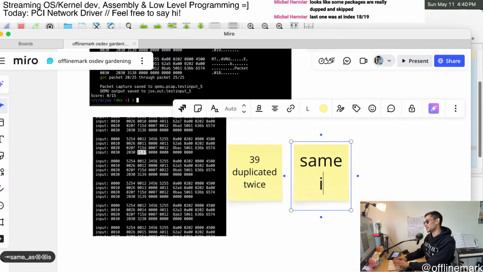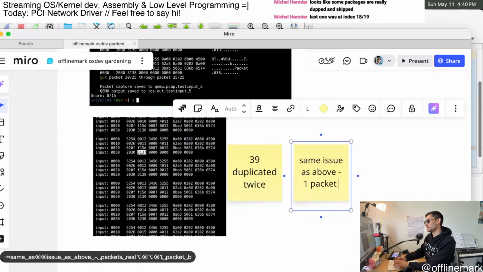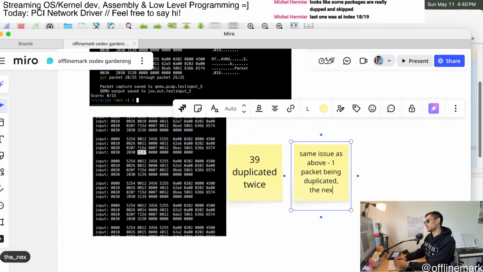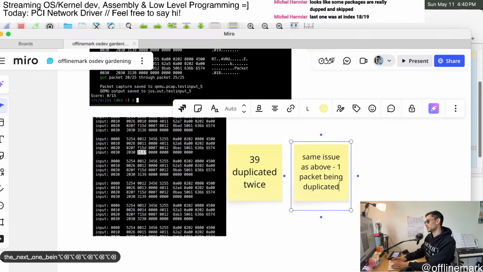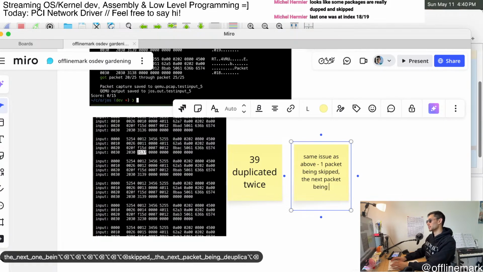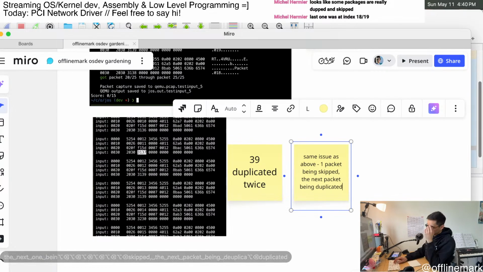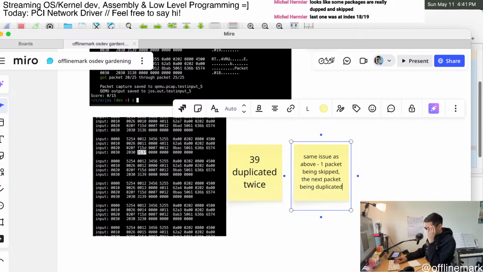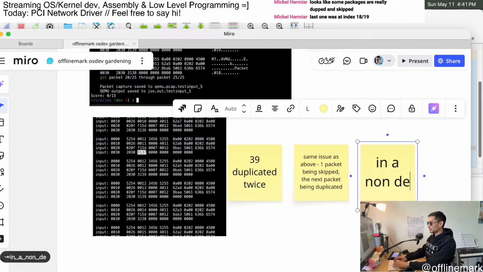One packet is duplicated, the next one is skipped, the next packet is duplicated.